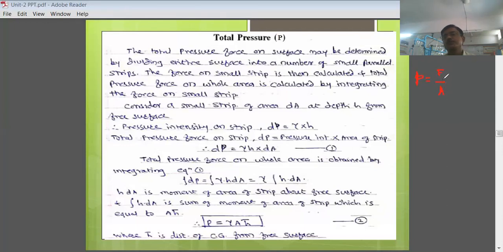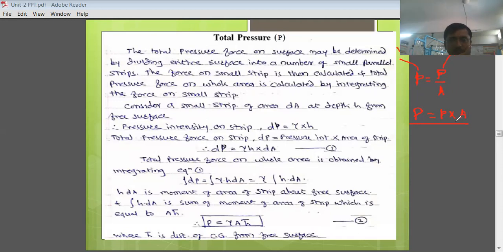This was the equation that we have seen, or pressure force can be represented by letter capital P, because capital P here we are using for the pressure force, right? This is pressure force and this is pressure intensity, right? So what I can write here, pressure force capital P can be written as pressure intensity multiplied by the area on which that pressure force is acting, right? So pressure force capital P is equal to pressure intensity multiplied by area.